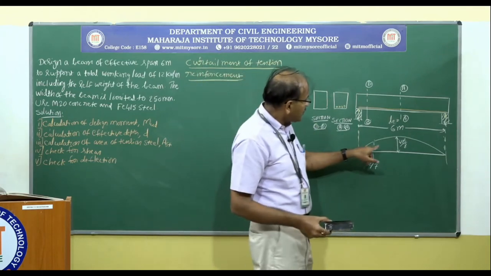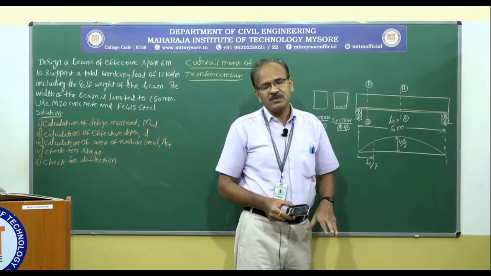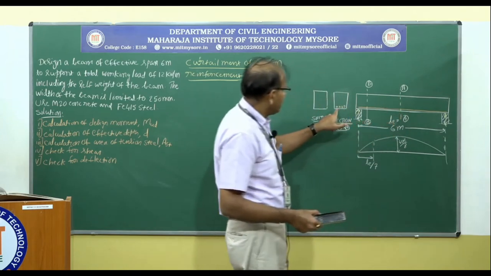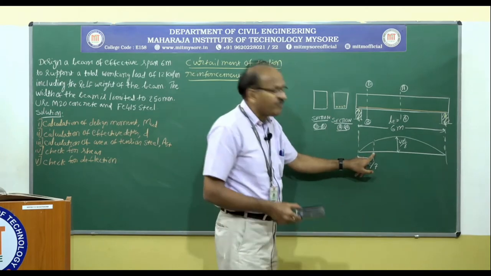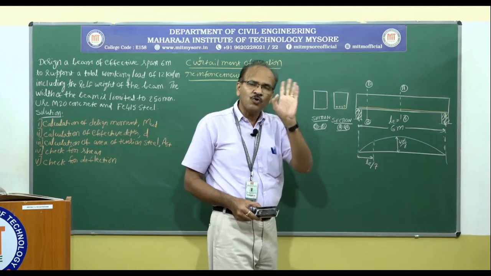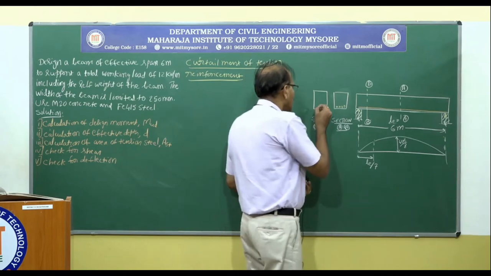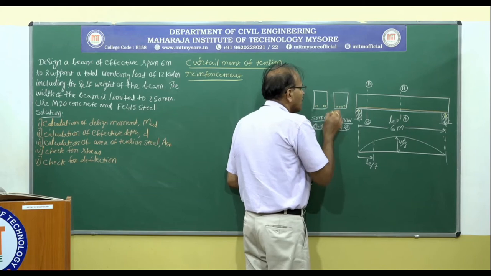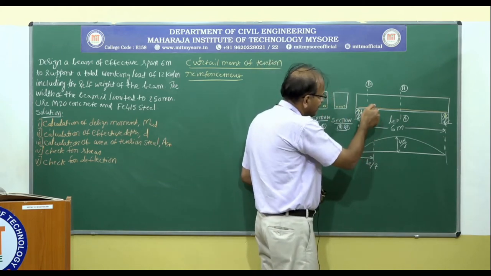So what we can do is reduce the number of bars required by 50%. Here if I take a section, yes, 4 bars. So about 1/7 of the span, theoretically I can cut off 2 bars. I am going to retain only these 2 bars, and the middle 2 bars I am going to end theoretically here.